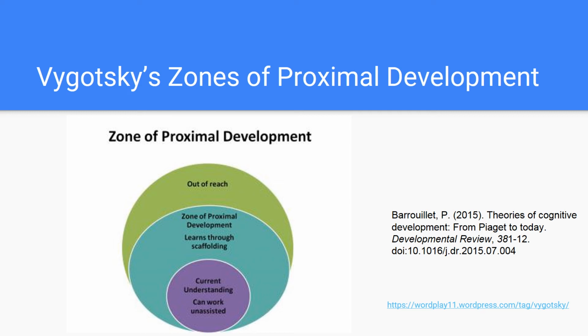So anything that the child can learn with some scaffolding would be within that child's zone of proximal development. So it's the developmental pieces that are next to their current developmental area. This is really important to think about when we're providing intervention, when we're developing goals for our children.